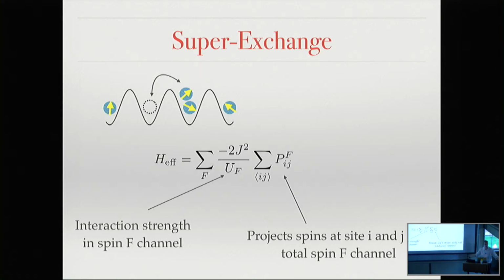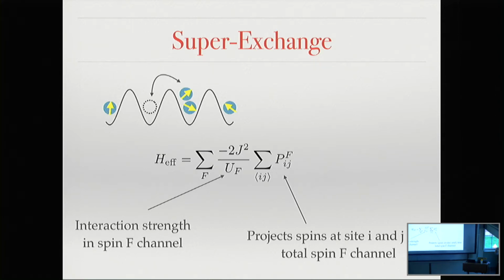Say they were spin 2, capital F could be 0, 1, 2, 3, 4. And we can write this effective Hamiltonian as a sum over all of those values, with some coefficient, which is second-order perturbation theory, and a projector that makes those pairs into that spin.